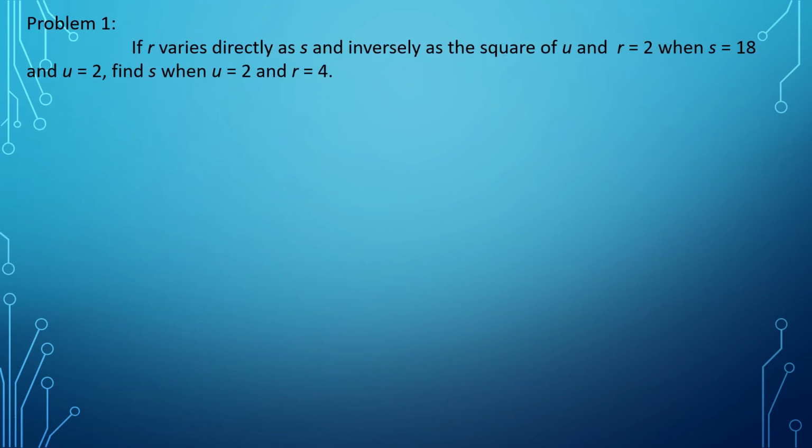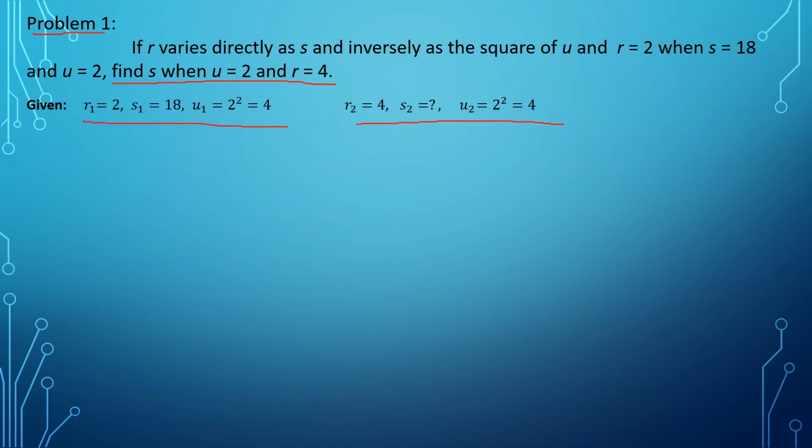So, same problem lang yapon ta, pero lahi na ang mga value sa ato ang second set of values. Okay? So, parehas ni ganina sa problem 1. Pag isulat na nimo mga given, ang ato ang first set, gihapon, pero ang ato ang second set, lahi na.